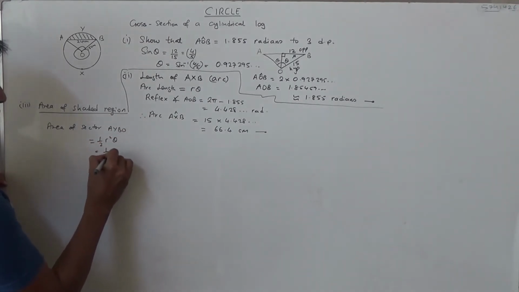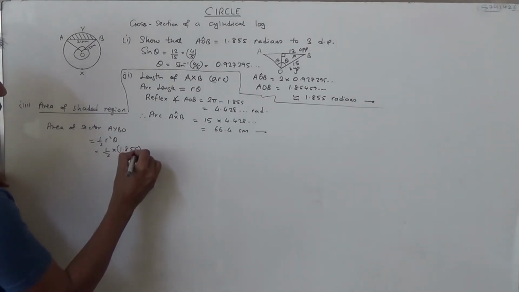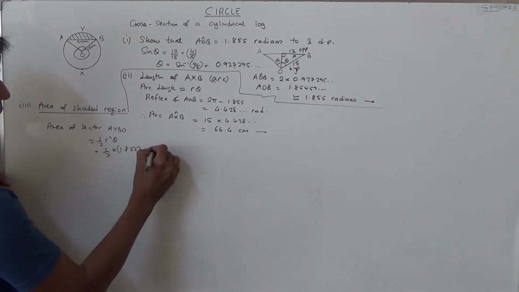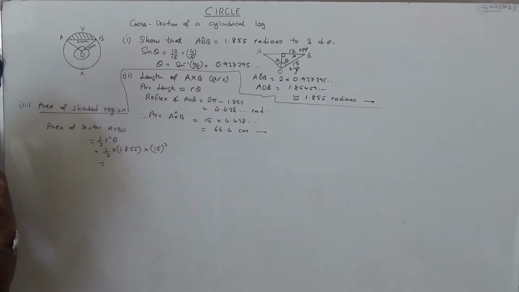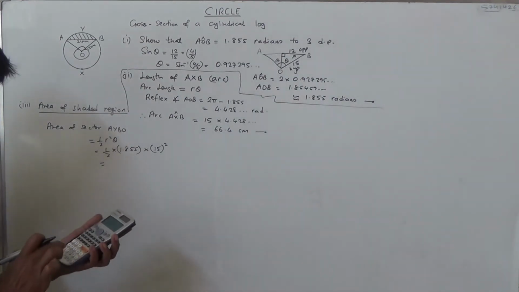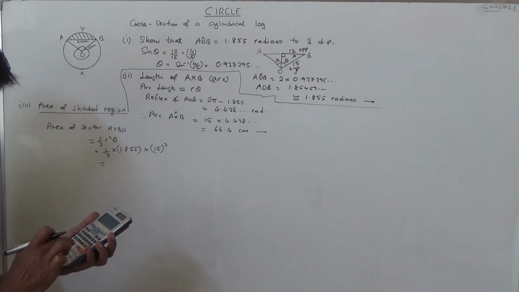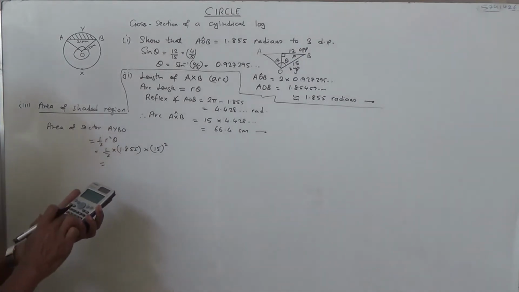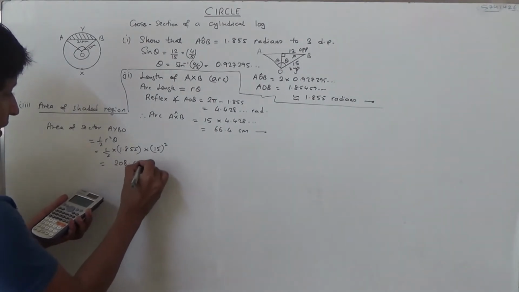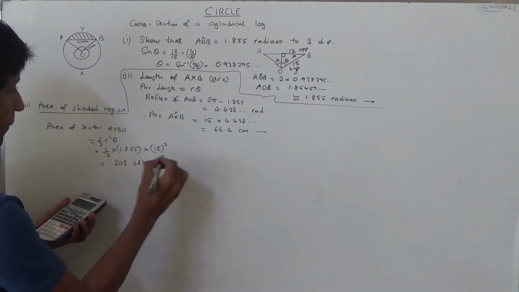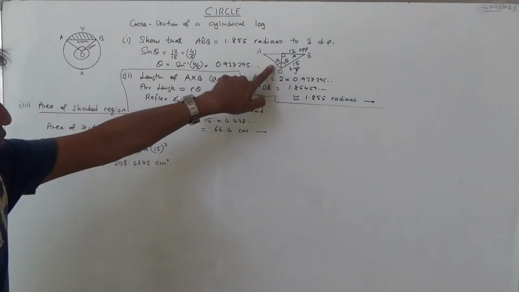So that means half multiplied by 1.855 times 15 squared. So 0.5 times 1.855 times 15 squared, we're getting 208.6875 centimeters squared.